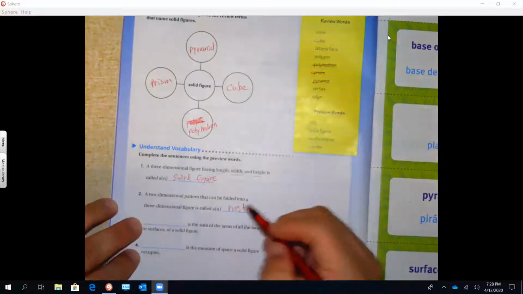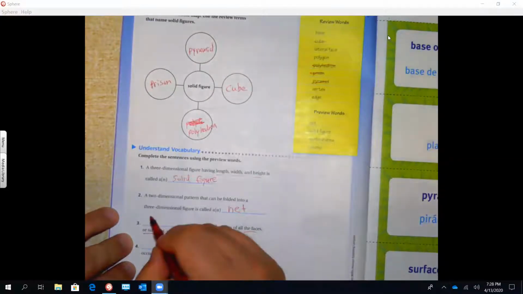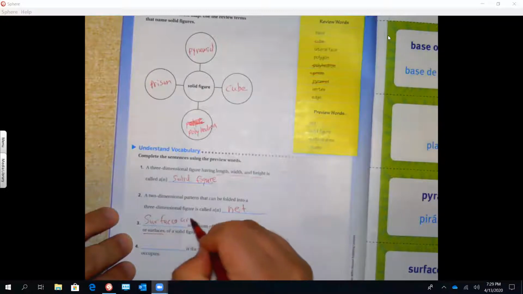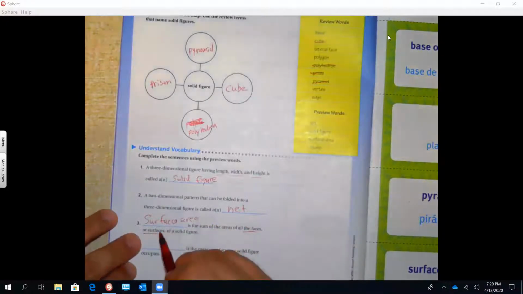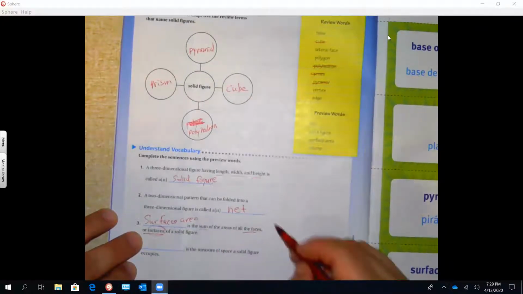We'll go over that in a little bit. The sum of the areas of all the faces or surfaces of a solid figure is the surface area. So I want you to remember surface, and then the area, or the sum of the area of the faces.